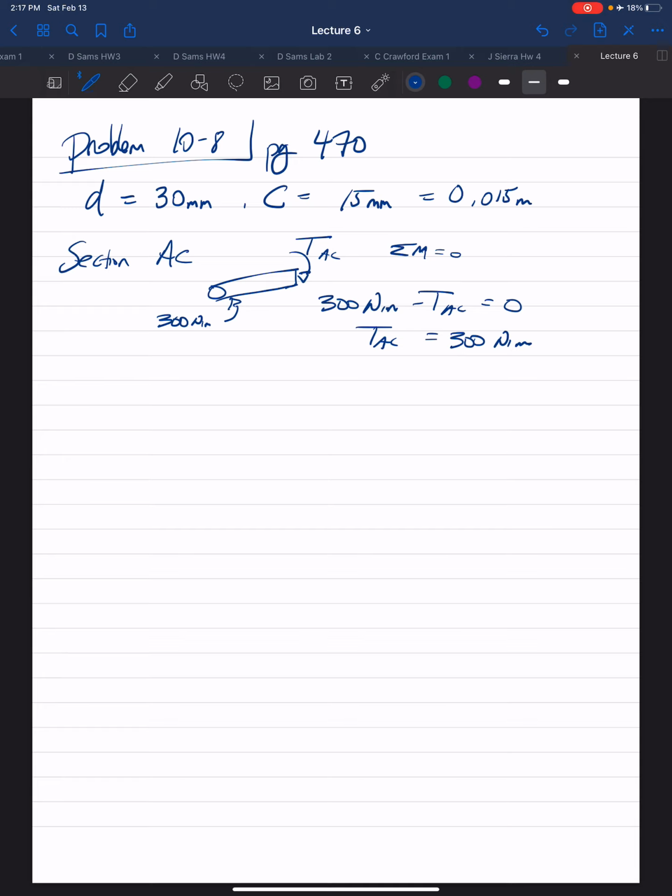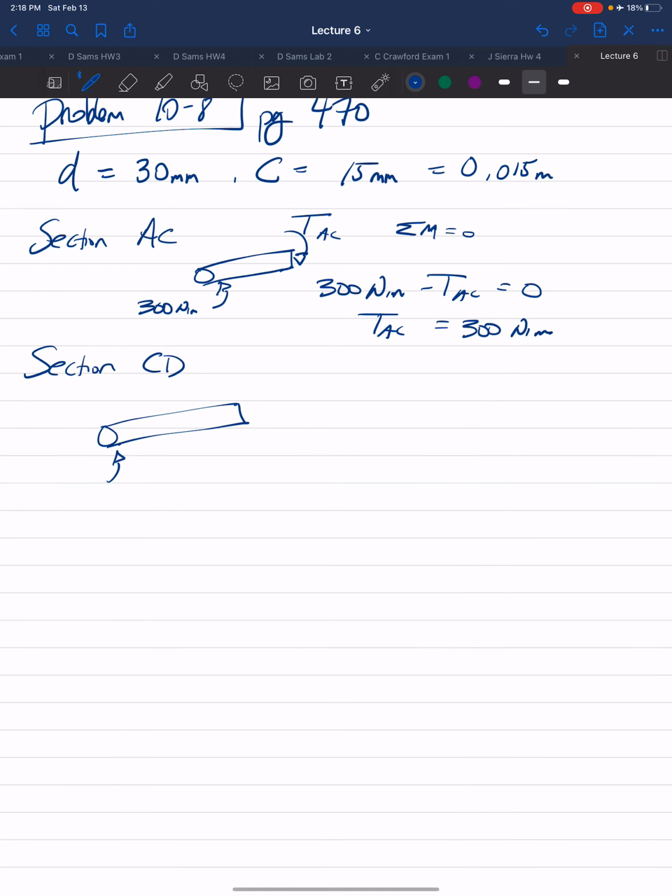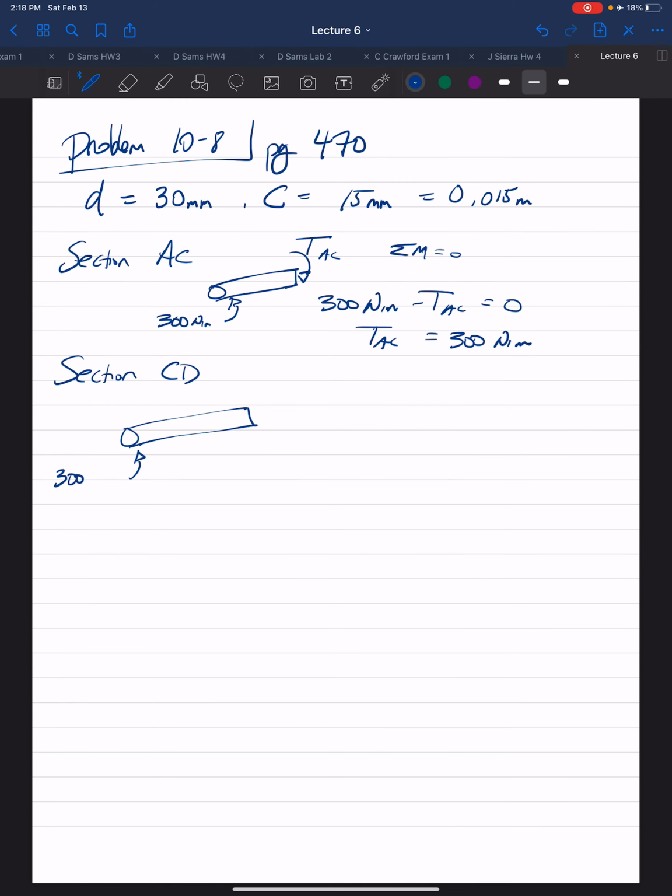So our next section, which would be segment CD, we're trying to find the internal torque. That's why we're using the method of sections here. We have to take into account this 300 Newton meters and a 500 Newton meter applied torque.